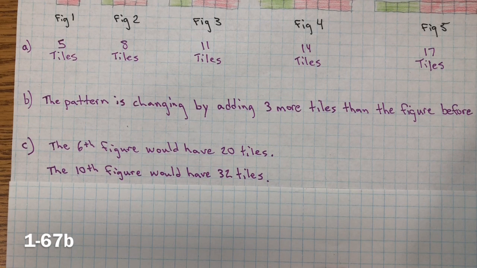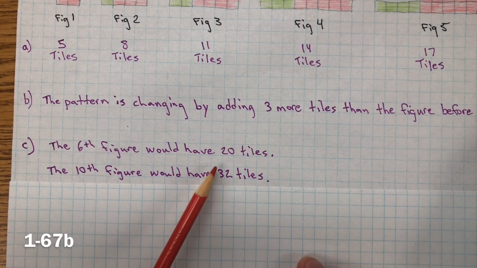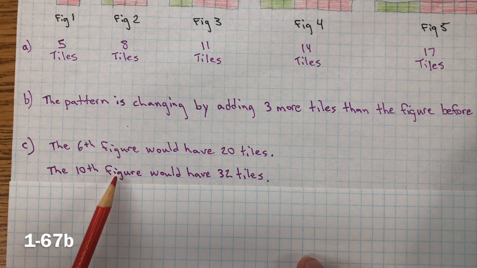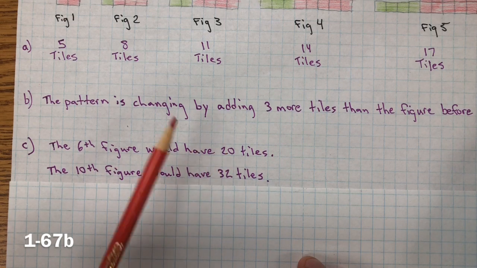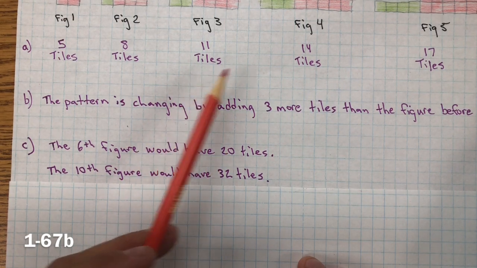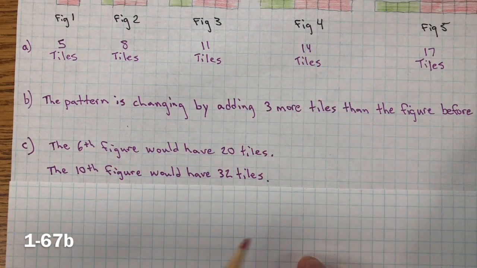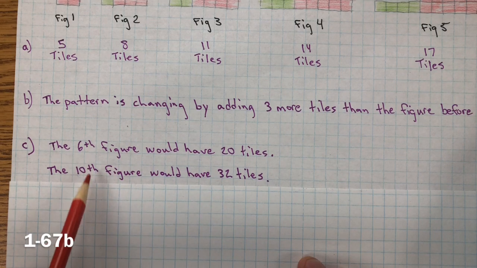For part C, we needed to figure out how many tiles were in figure 6 and in figure 10. I used a rule to figure out how many tiles were in figure 6 and 10, but you could have just continued the pattern of adding 3 more tiles to each figure all the way up until you get to the 10th figure.